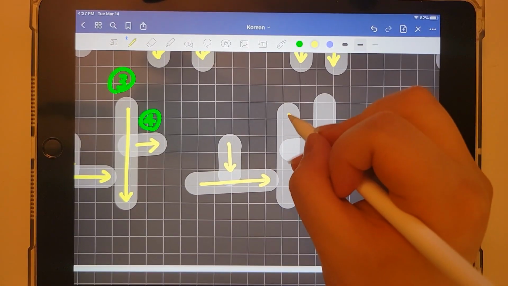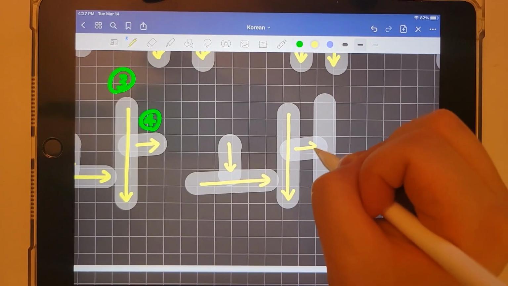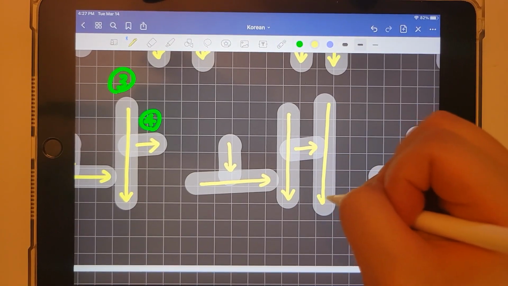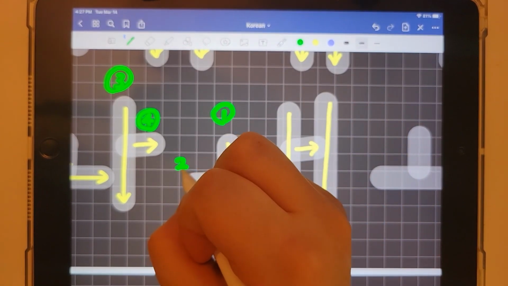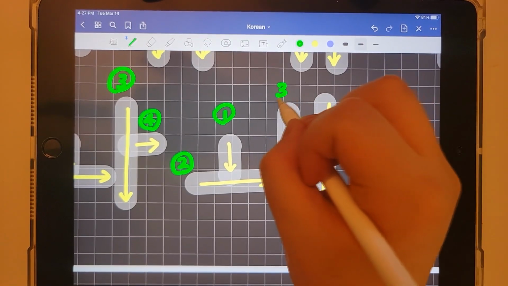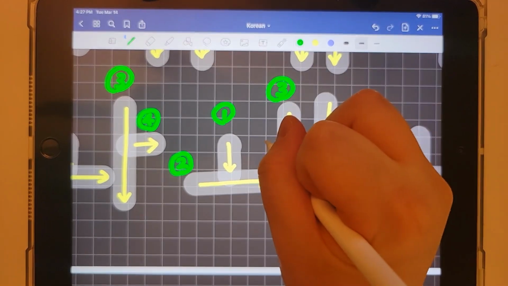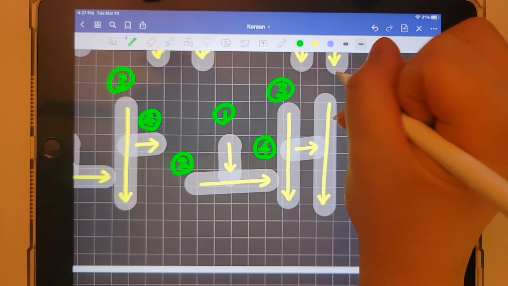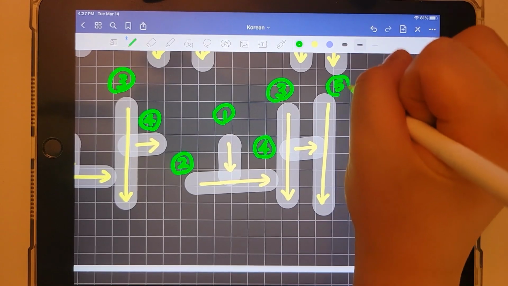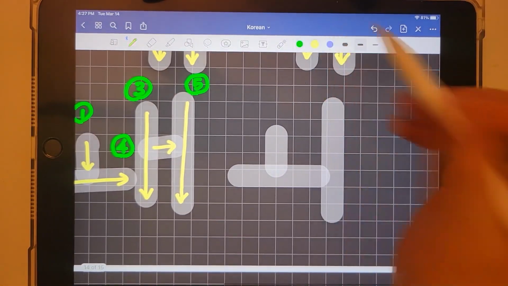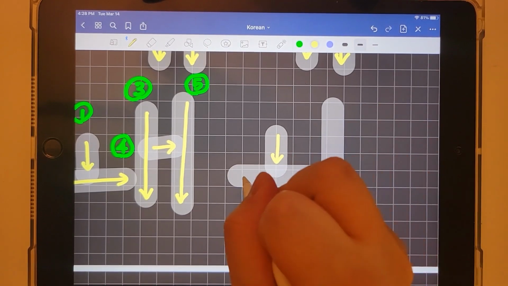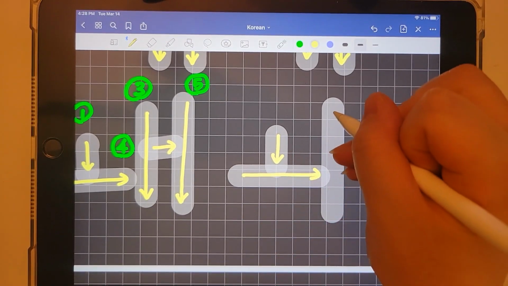And now we have we, which has 5 strokes. So these are the more complicated and advanced vowels because it's putting 2 simple ones together. And I went over that in my previous videos if you're a little bit confused on it and you want a refresher.